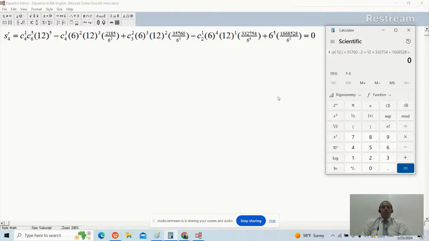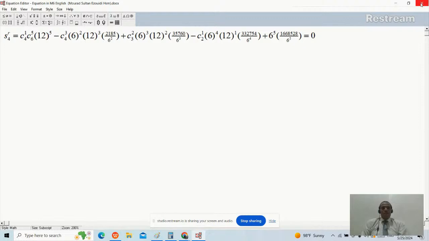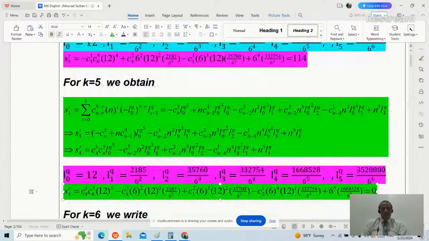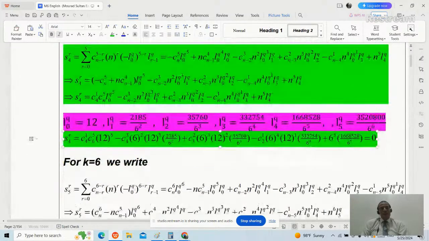Therefore I will close this window now to continue finding the value of S5. To find S5, you should set k equals 6 in the discriminant formula of Mr. Mourad Sultan Ezouidi.